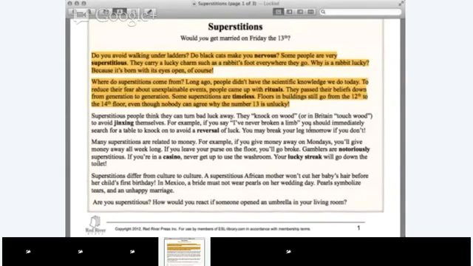To reduce their fear about unexplainable events, people came up with rituals. They passed their beliefs down from generation to generation. Some superstitions are timeless. Floors in buildings still go from the 12th to the 14th floor, even though nobody can agree why the number 13 is unlucky.